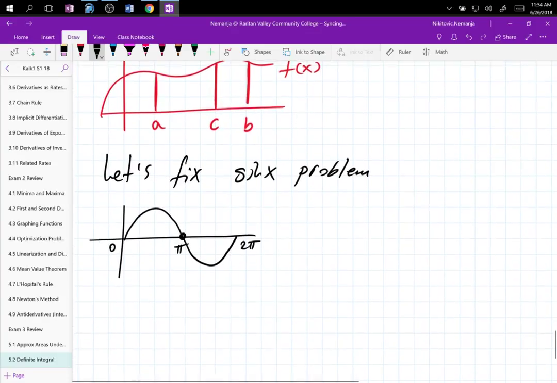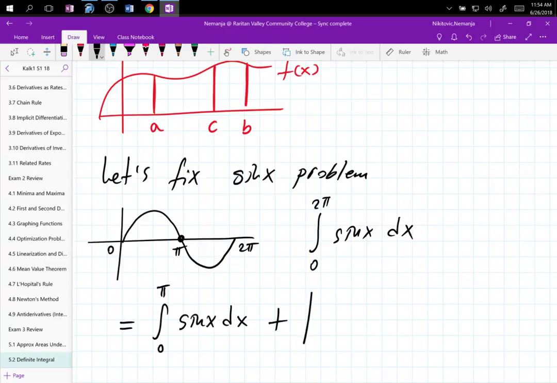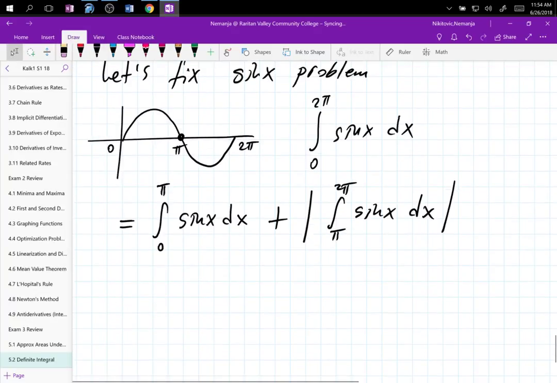So now, my good old integral that's not a 0, that's 0 to 2 pi of sine x dx is going to be integral 0 to pi, so our c is now pi, of sine x dx plus the absolute value integral pi to 2 pi sine x dx. And the reason why I have the second portion in the absolute values is because that's the negative part and I want to bump it up.